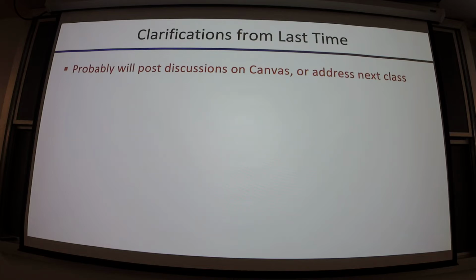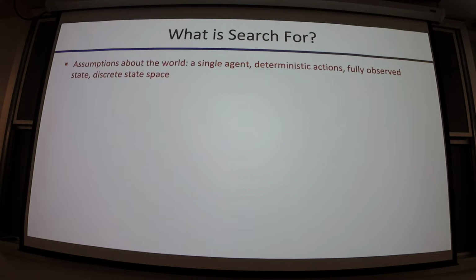All right, so this time we're going to continue talking about search, but a different kind of search, or a different kind of problem. So far, what has search been for? Well, we've looked at search problems where we have some single agent operating on some abstraction of the world. It has deterministic actions. We can fully observe the state. There's a discrete state space, a discrete action space, things like this, right?